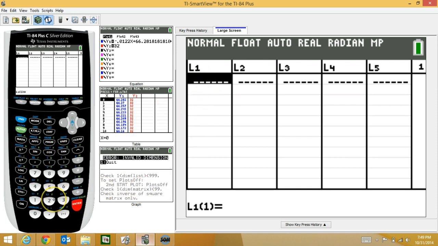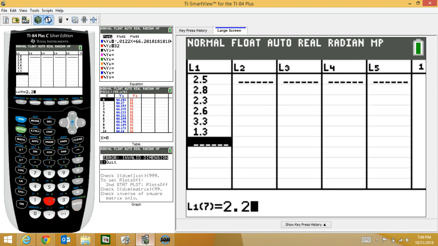So that's going to be 2.5, 2.8, 2.3, 2.6, 3.3, 1.3, 2.2, and 1.1.